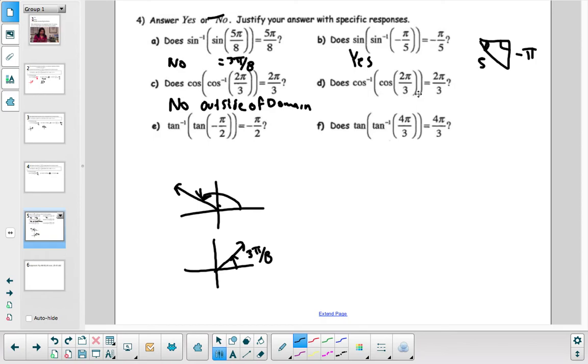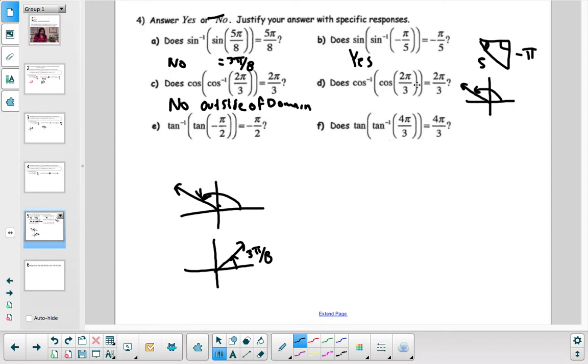All right, cosine of 2 pi over 3 is going to be, well, I don't know why I keep doing it. Let's go a little more vertical. Okay, so 2 pi over 3 is here. Cosine of that is negative root 3 over 2.